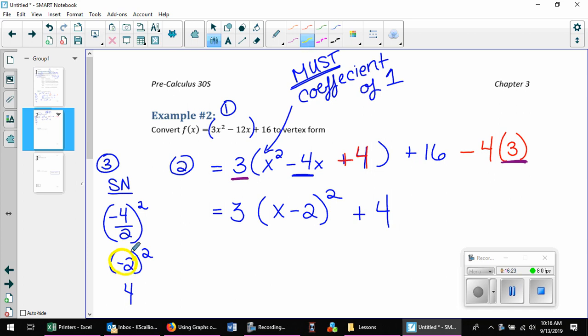The quotient, where does it show up? The x coordinate of your vertex. That's the tip and trick, because this will come in handy when you have terrible numbers that you're dealing with. So the quotient, not the squared, but the actual quotient, is the x coordinate of the vertex.